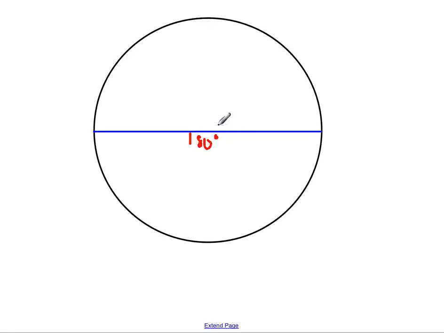When you have two angles, I want you to draw an angle coming out from here. When I have two angles that are connected right here and they share this, so this would be one angle and this would be the other, they're right next to each other, they're called supplementary.